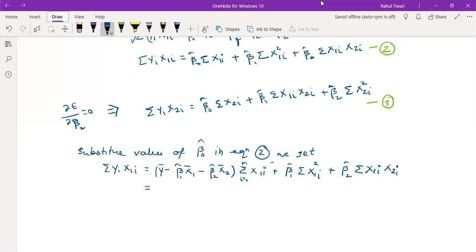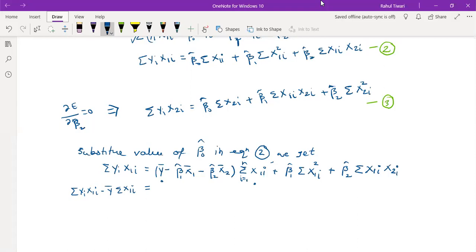So this is summation yi x1i, and if you multiply this by this and take it to the left hand side, it will be y bar summation x1i. So this term now goes away.